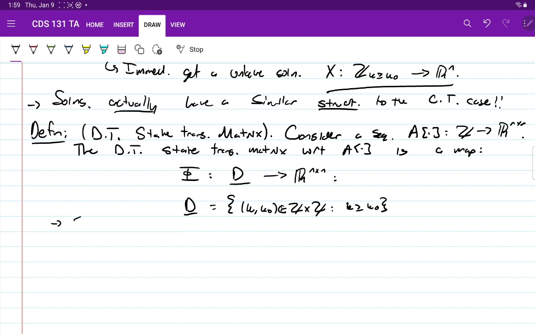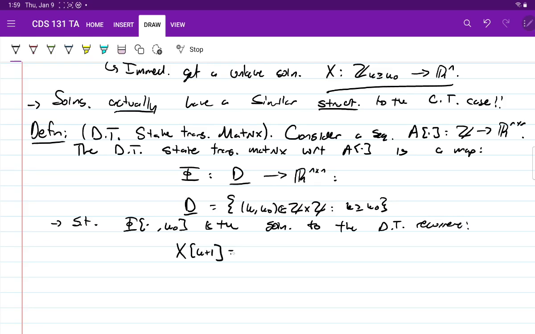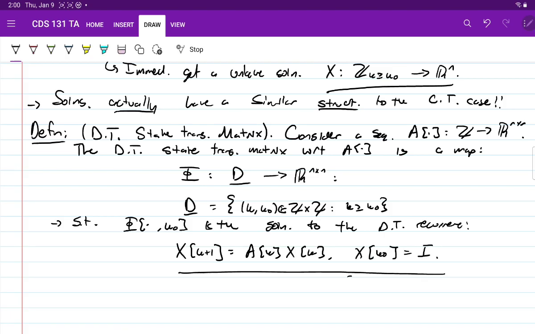It's defined such that phi(k, k naught) is the solution to the discrete time recurrence x at time k plus 1 equals A of k times x of k, and x at time k naught equals the identity. Okay, so I have a couple of quick remarks to make about this.